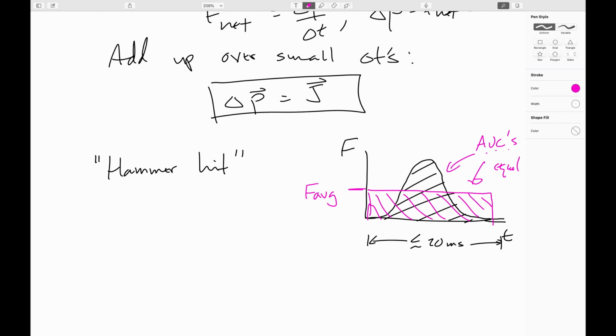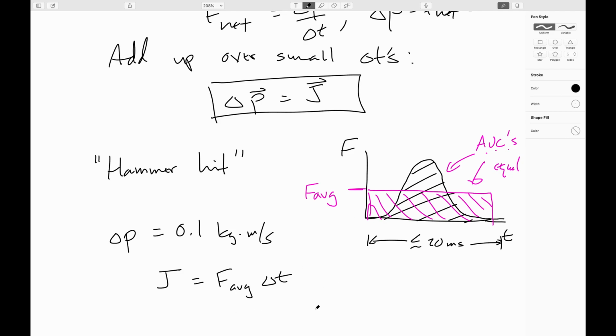So, as an example here, let's say that in our tennis racket example, they measure that the change in momentum of the tennis ball during a hit was something like 0.1 kilogram meters per second. So we can say, hey, the impulse is equal to the average force times the time of the hit. That's the idea here.